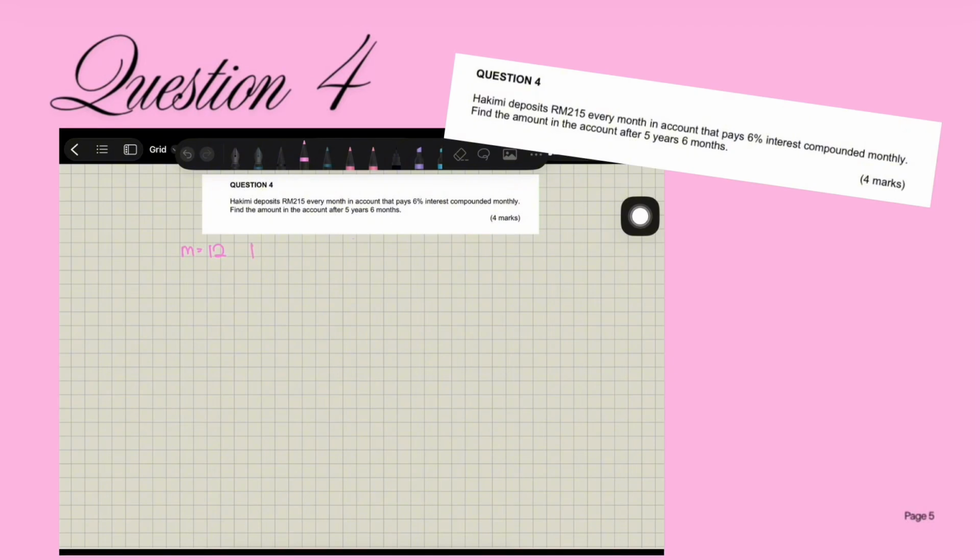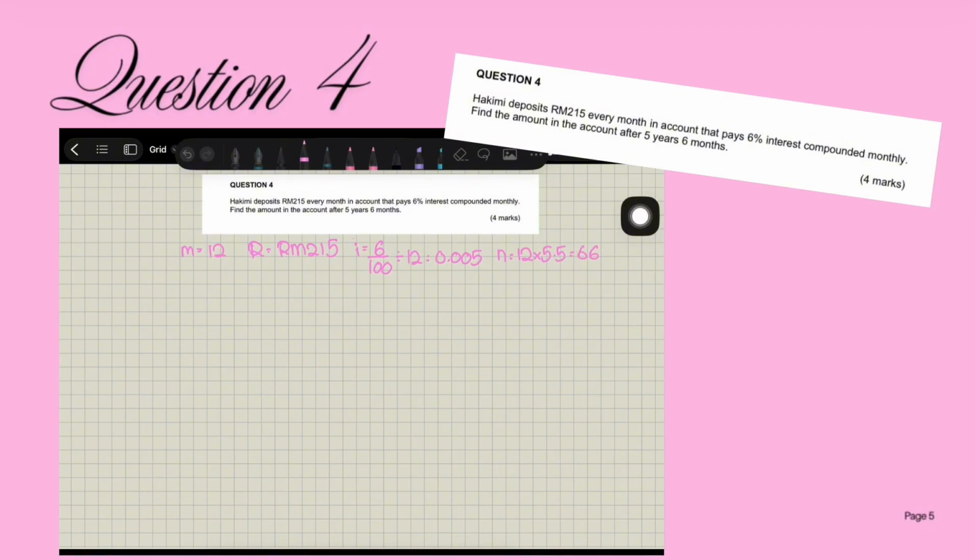For question 4, given that m equals 12, R equals 250, i equals 6 divided by 100 divided by 12, which is equal to 0.005, and n equals 12 times 5.5, which is equal to 66.